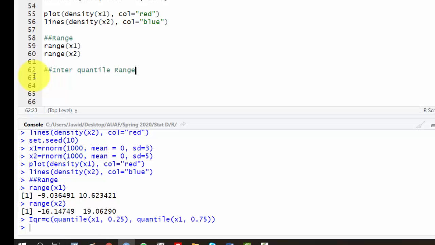Interquartile range. The interquartile range is an interval which starts from the first quantile and ends at the third quantile.